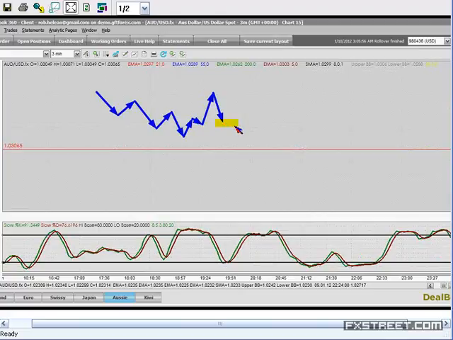Great, awesome, off we go. And then price in red does this. And my stop, which was here, the dotted line, gets taken. And then price does this and goes off for the rest of the day.